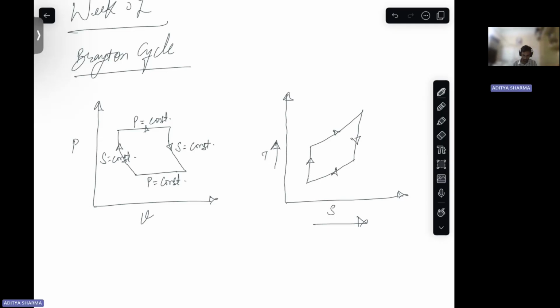So it becomes very essential that we make ourselves well versed with these diagrams so that we can solve numericals easily.